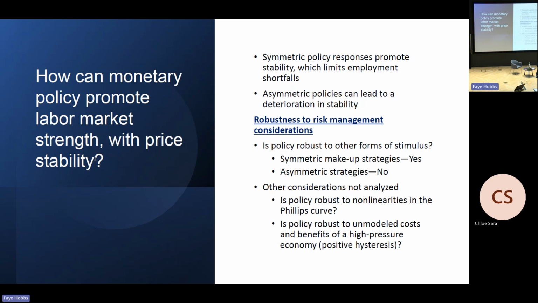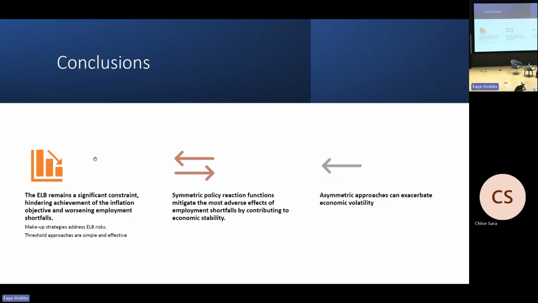The paper talks about various patterns of robustness, and I won't really go through those things. I just want to emphasize the conclusions of my work and then some questions that we can follow up on. The conclusions are threefold, right? The ELB likely remains a significant constraint on monetary policy. Makeup strategies, and there are a lot of them that are effective, can address ELB risks, as can quantitative easing.